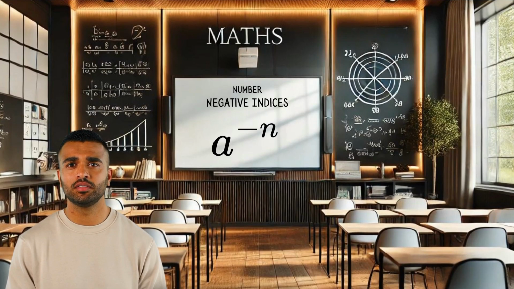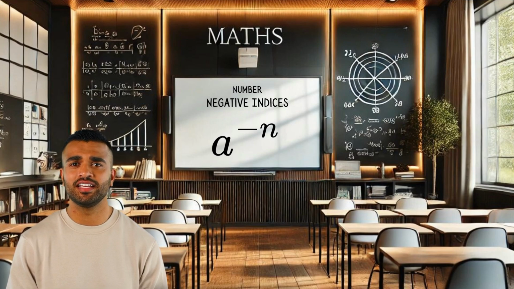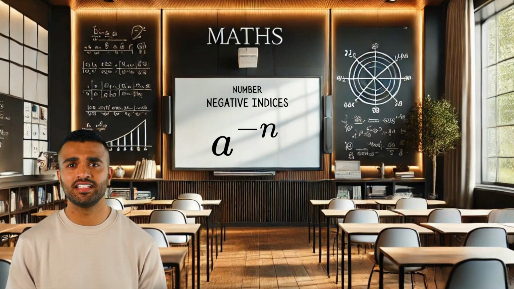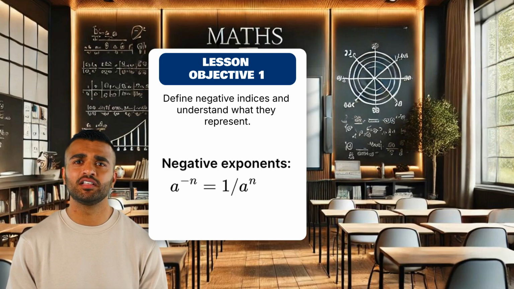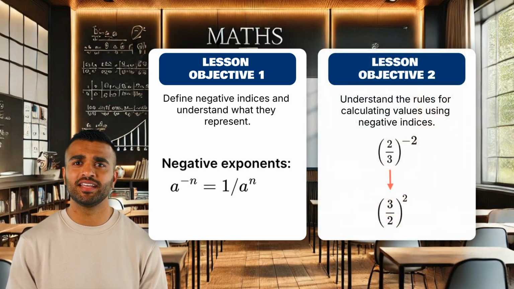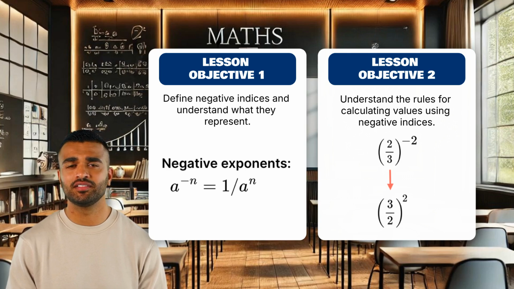In today's lesson, we began by reviewing basic concepts of indices, emphasizing the laws of exponents, which laid the groundwork for our understanding of negative indices. We then defined negative indices, explaining that they represent the reciprocal of the base raised to the corresponding positive exponent. Through various examples, we demonstrated the step-by-step process of calculating values using negative indices.